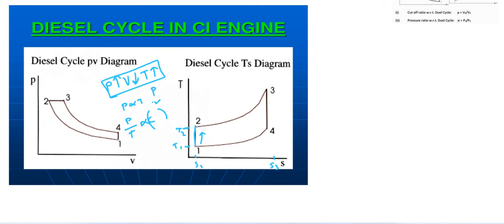And pressure is inversely proportional to volume, then PV^gamma equals constant. From this you understand, right?